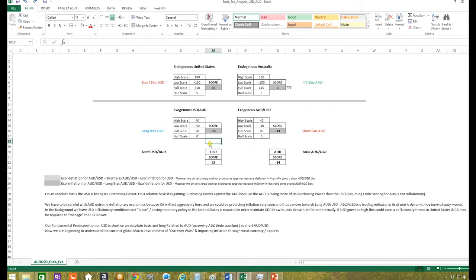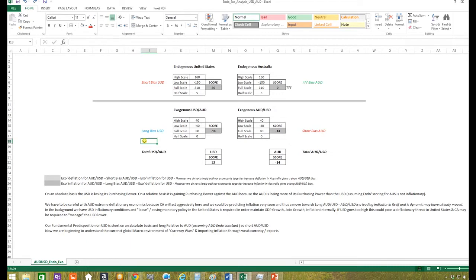And this, for the United States, our analysis on the US dollar has given us by default a long bias in the US dollar, and the negative score doesn't impact our scorecard for the United States, in the sense that we're looking to gauge whether inflation or deflation in the United States is occurring, because obviously if deflation occurs in Australia, it doesn't necessarily mean that we get inflation in the United States.